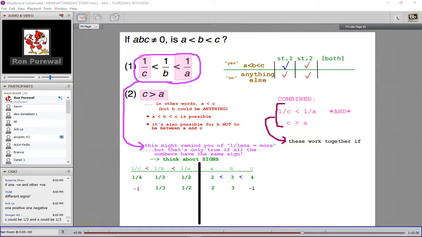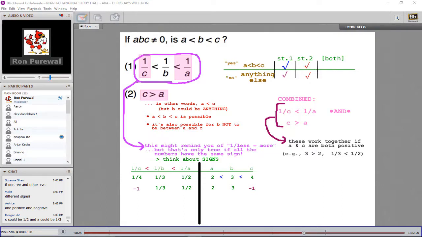But these work together if they're positive. Sure. For example, 3 is greater than 2, and 1/3 is less than 1/2. And that's probably the normal intuition that you have about 1/anything. That's probably just the first thing you think of. These also work together if you have 2 negatives.